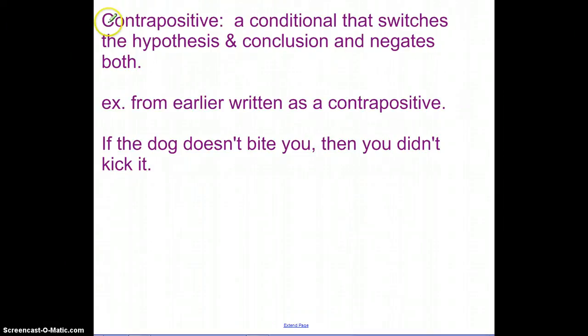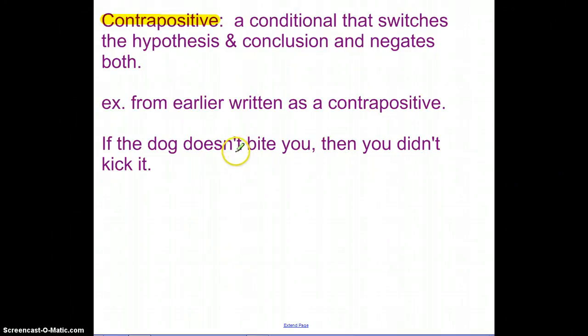Now the next example we're going to look at is a contrapositive. A contrapositive is a conditional that switches the hypothesis and the conclusion, and it negates both of them. So remember how we started out with if you kick a dog, then it bites you. We take the if and the then and switch it. So the bite comes first and the kick comes second. And also we have to make them opposite meaning.